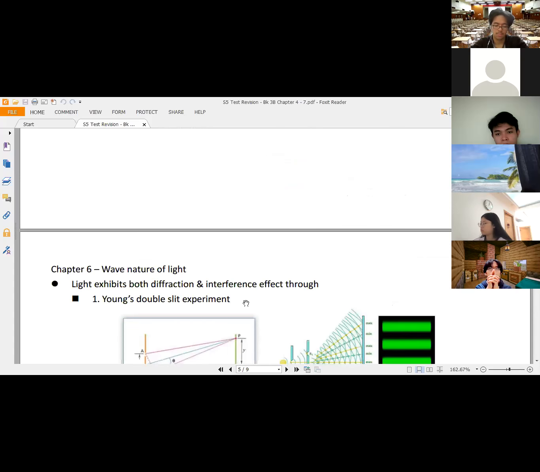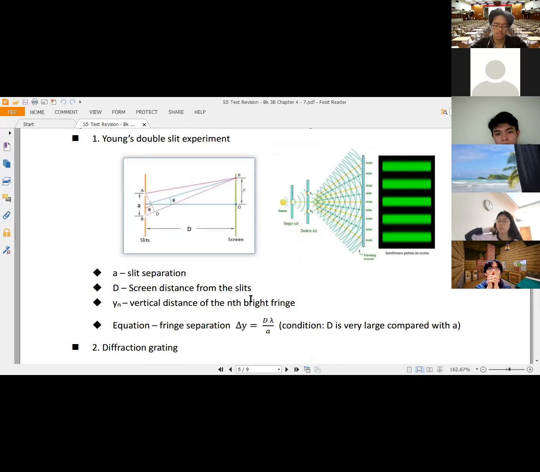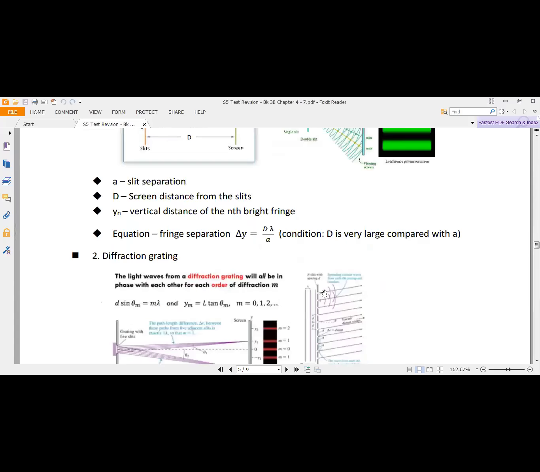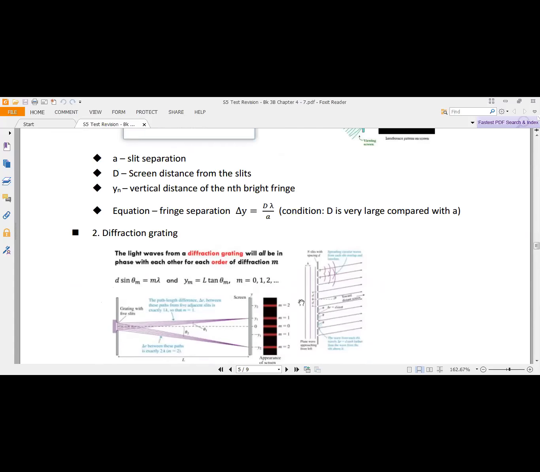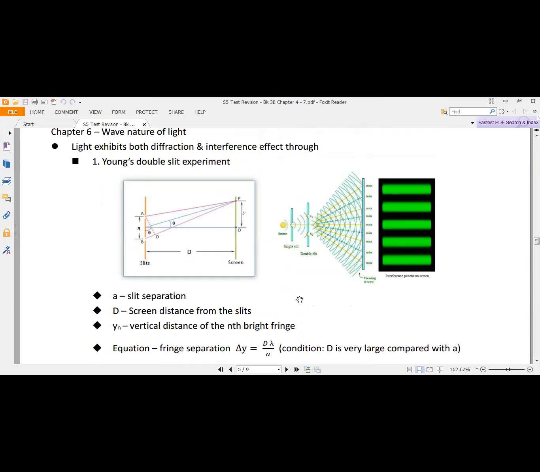So I will jump directly to Young's double slits and also the diffraction grating questions. This is the most important part in the test on Wednesday. Young's double slit experiment is no more than just the interference pattern of light interference.